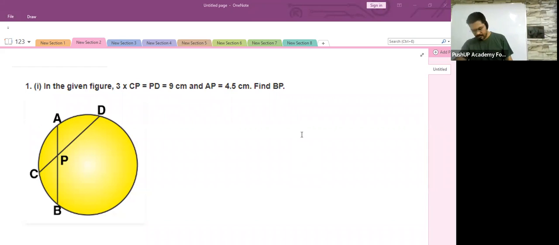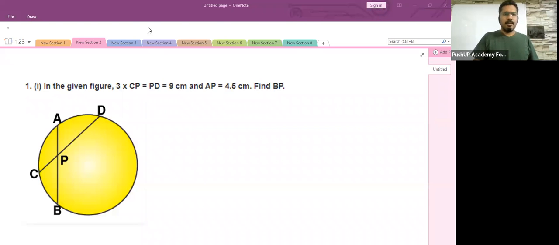Still doing. Manish, what is the answer? Afnan, very good. 6. How many of you got 6 as the answer? 3. Sandra, didn't get? All right.